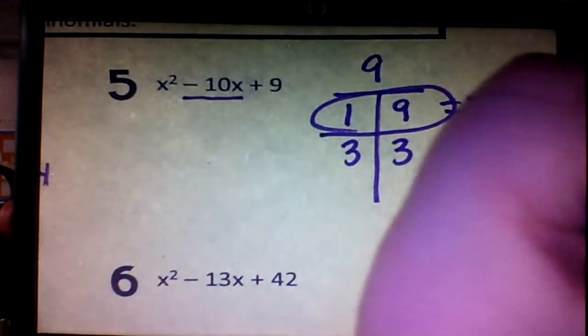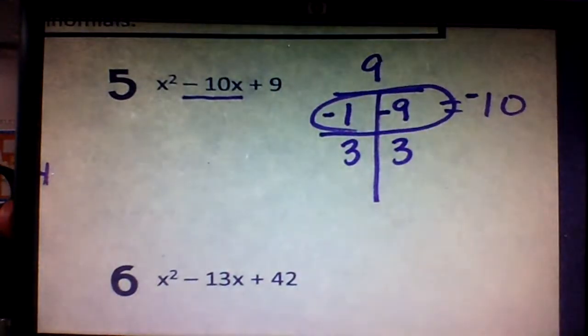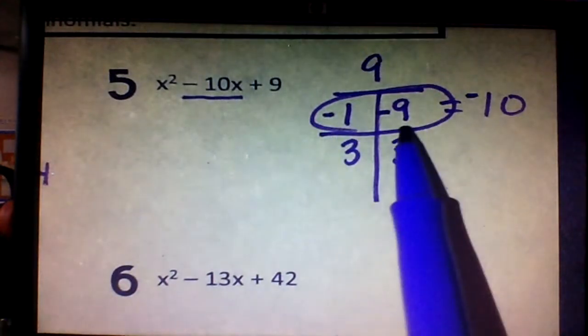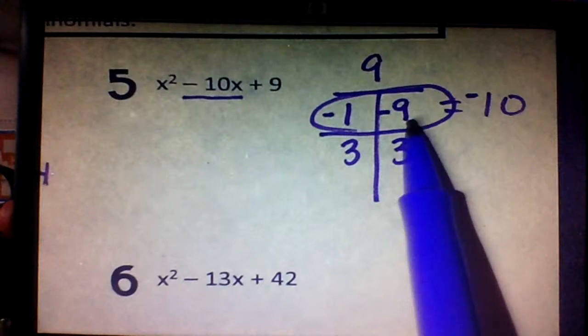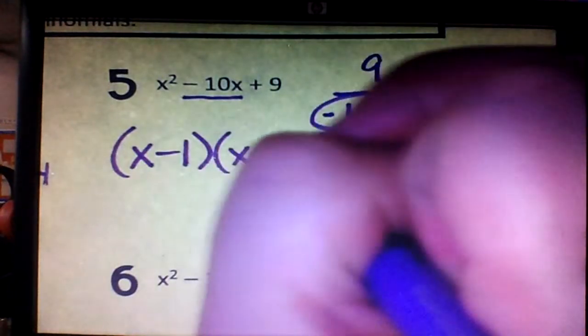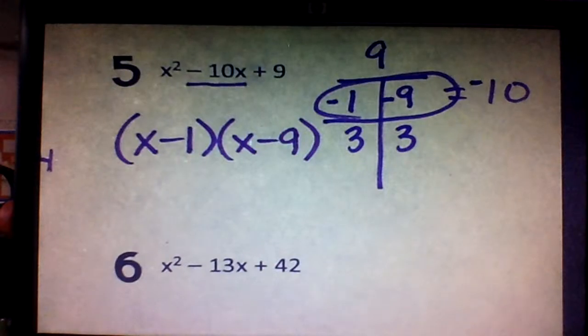So, to make this a negative 10, this has to be a negative 1 and a negative 9. Because negative 1 times negative 9 is a positive 9, but negative 1 plus negative 9 is a negative 10. So x minus 1, x minus 9.